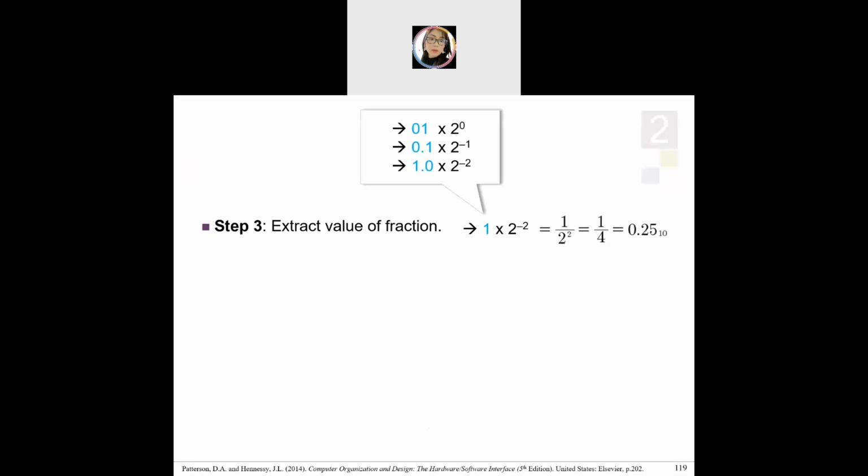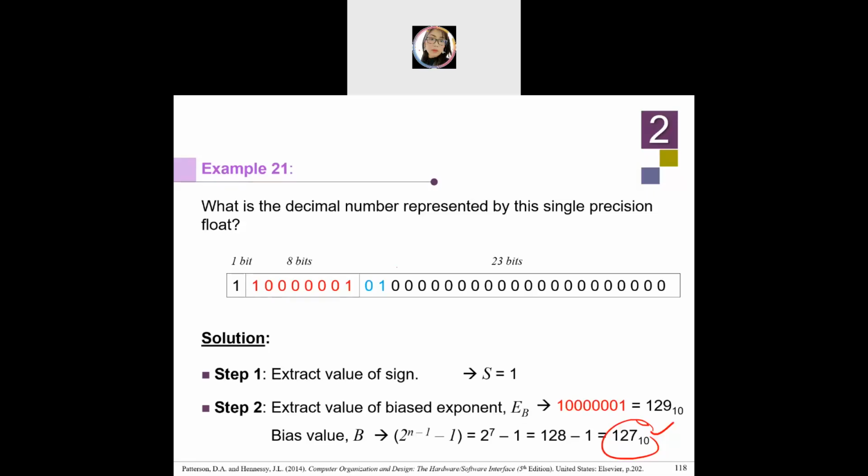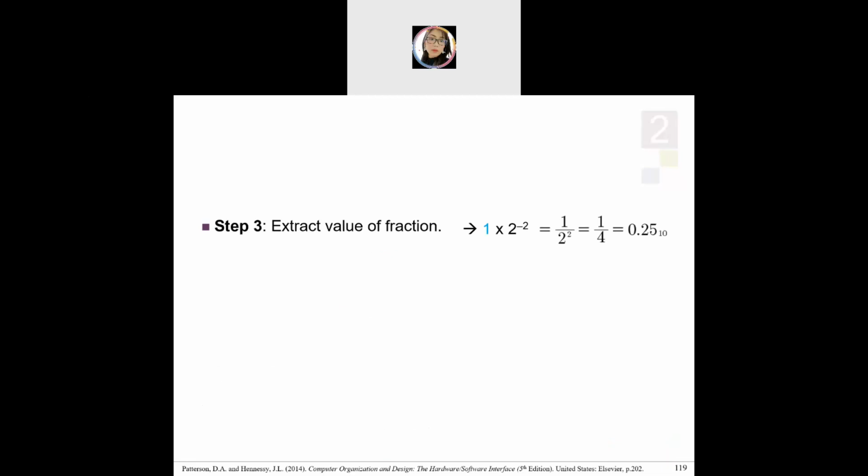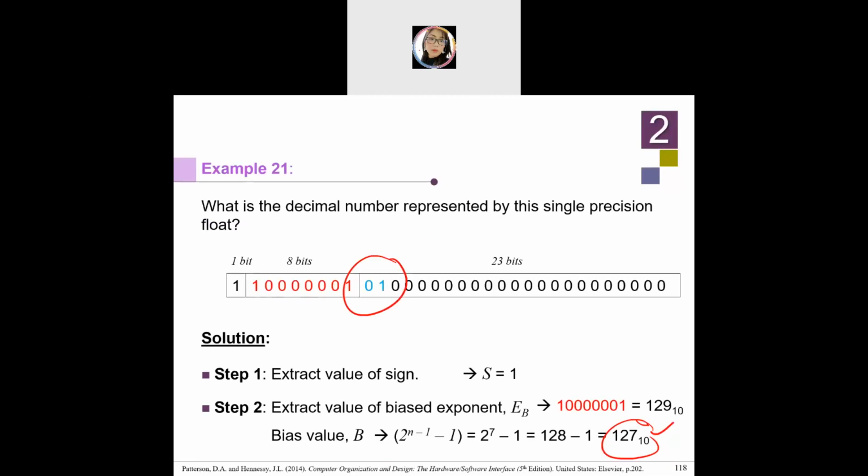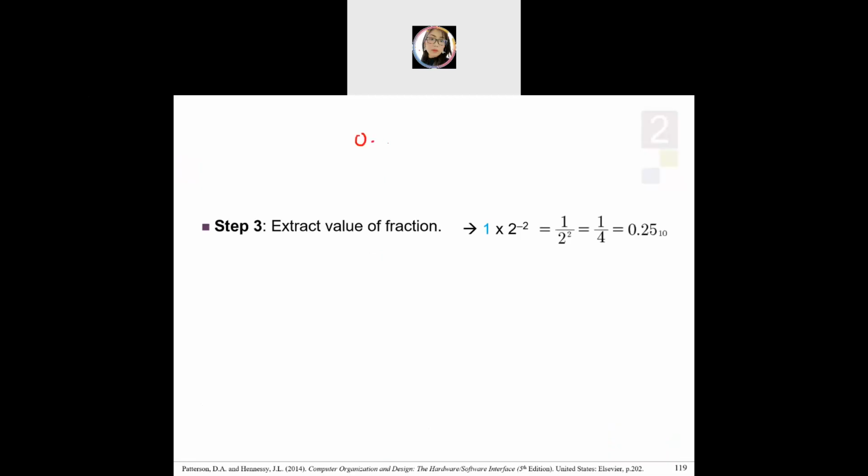From here, you were given the value of your fraction. Supposedly you will get 0.01 times 2 to the power of 2.